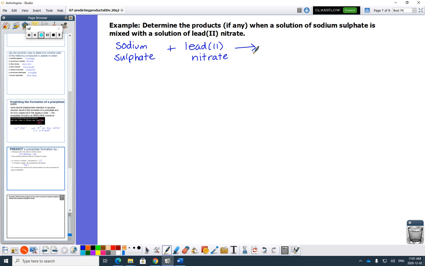So these are both cations, the sodium and the lead, or they're both metals, whatever you can think of it as. So now they're going to switch. And again, it doesn't matter if you write the lead 2 sulfate first, or the sodium nitrate first in the products. So these partners, the positive, are going to switch.